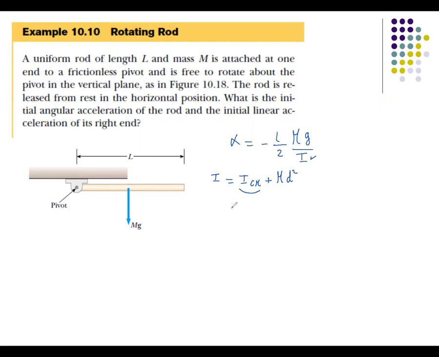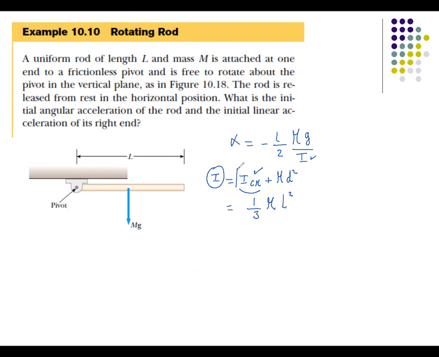Okay? So I can give you I_CM and you can calculate I, or I can give you I directly. Here I give you the total value of I, which is equal to 1 over 3 m L squared.